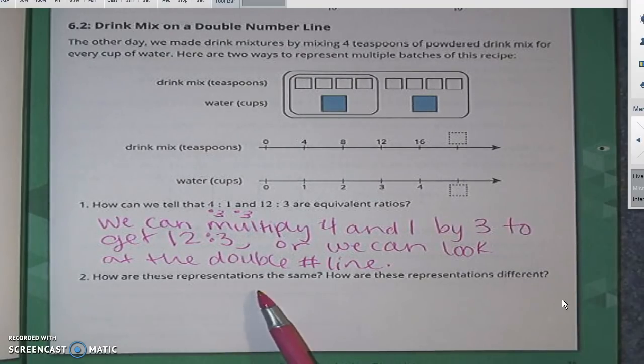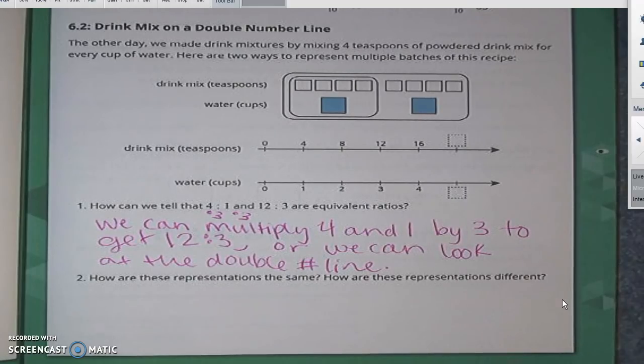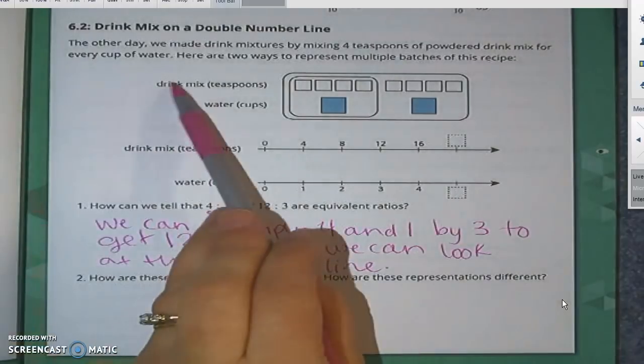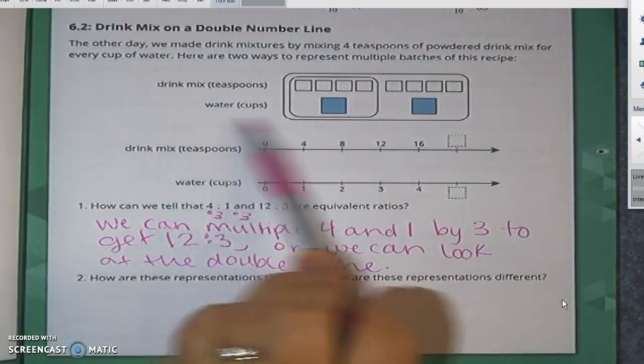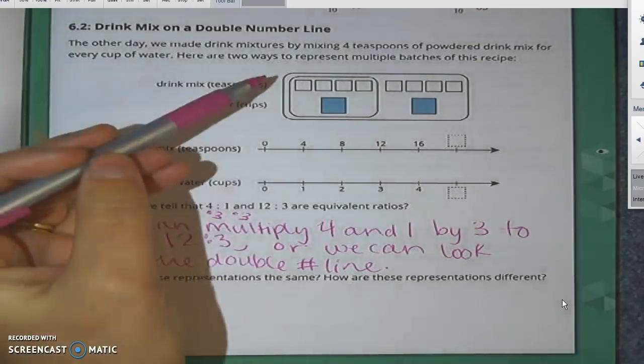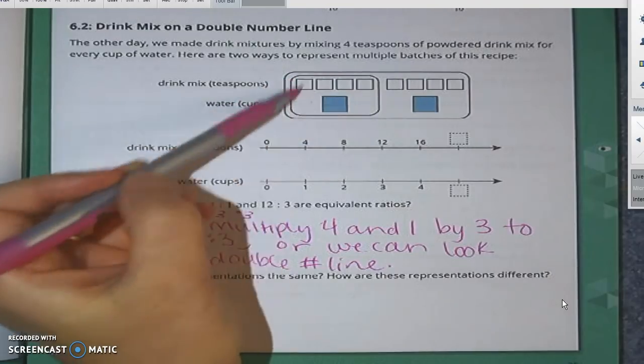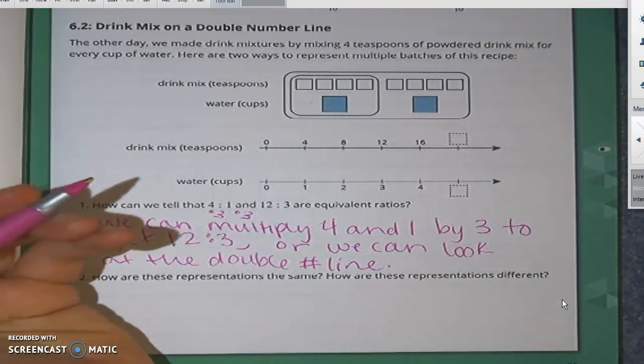How are these representations the same, and how are these representations different? Okay, well, they are the same in a couple of ways. They're both showing the drink mix on the top with the water on the bottom. They're also both showing the same relationship. They're showing that relationship of 1 cup of water to 4 teaspoons of drink mix.